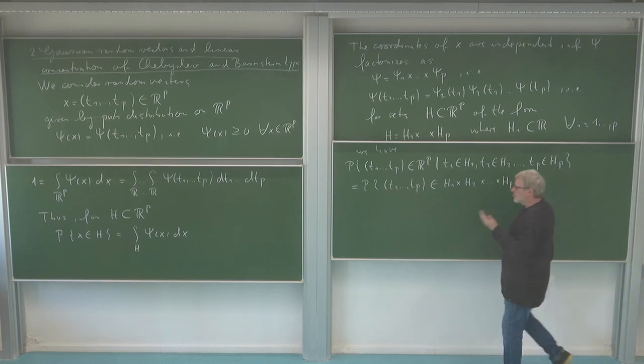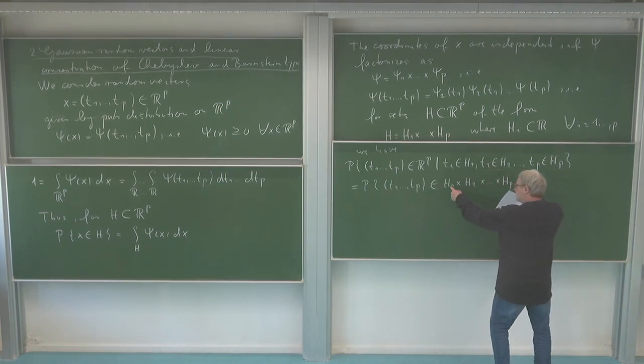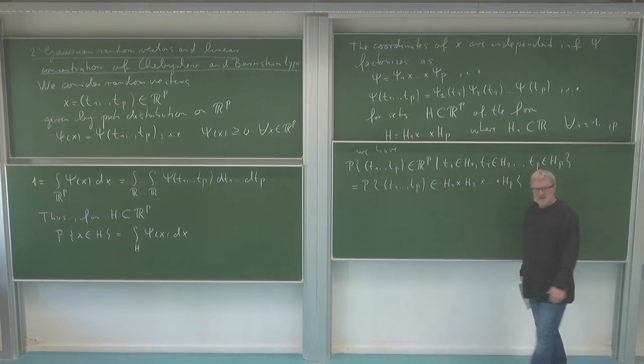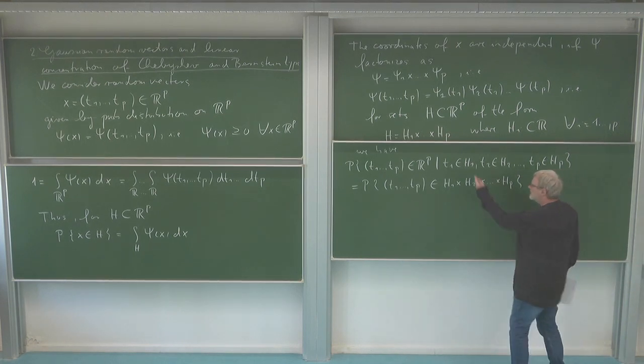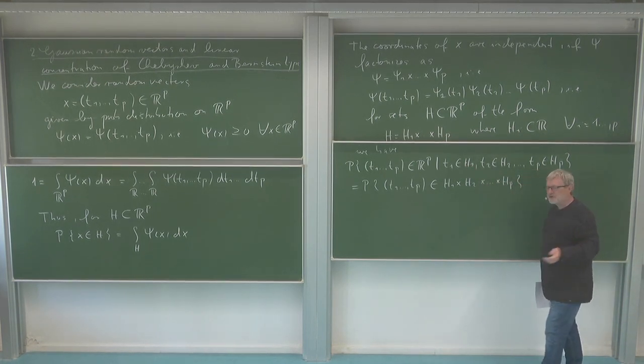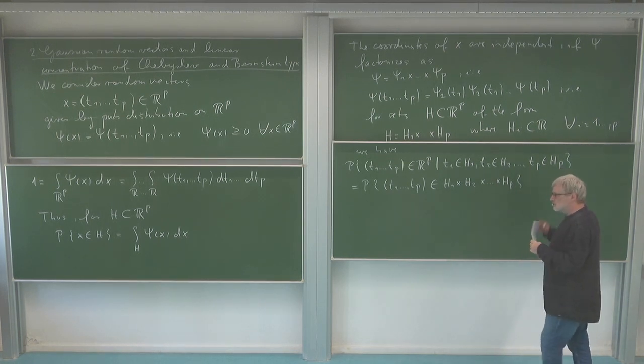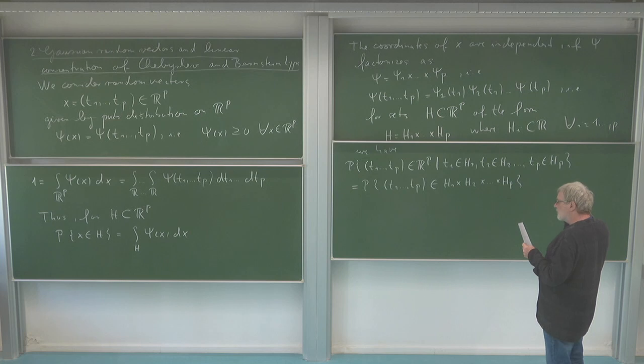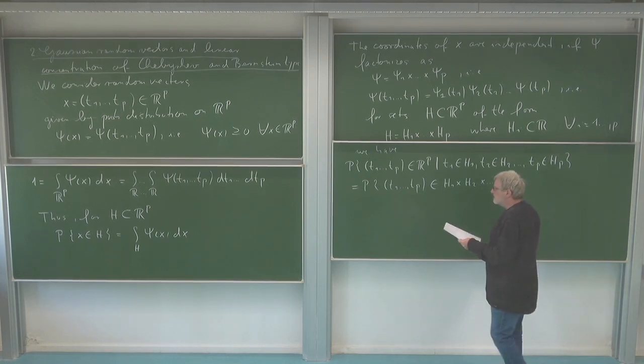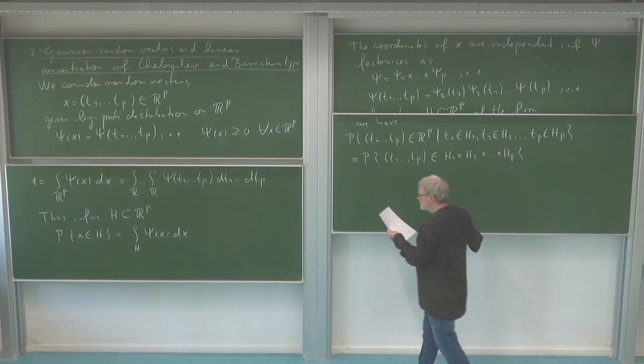Okay, so if I want to calculate the probability of this set, this really means the probability that the first component of my vector has this property H1, the second component has the property H2, and so on. Of course I can use my formula for calculating probability. So I'm integrating over my density.